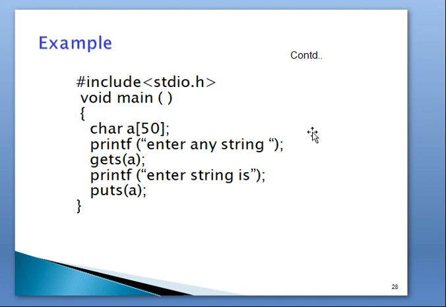This is the standard input output header file. void main function, curly braces, character array a[50]. The array a is declared with size 50 characters.